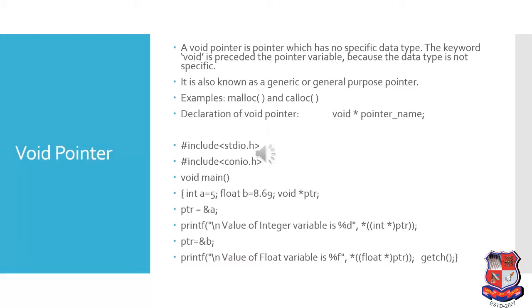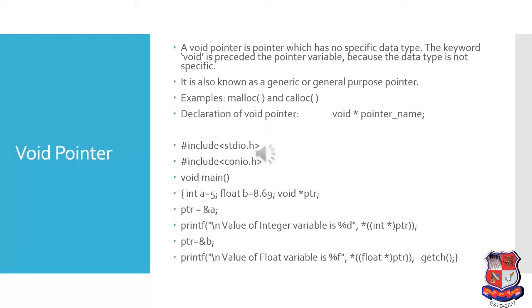Now next we are assigning the pointer the address of B, and then displaying it using the printf function. So B is of type float, A is of type integer, and the address of both data types can be stored in the pointer, one after another.